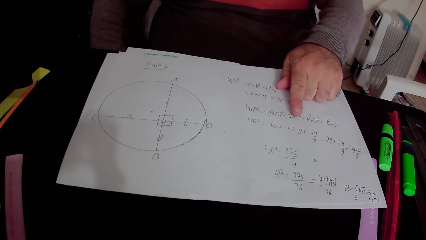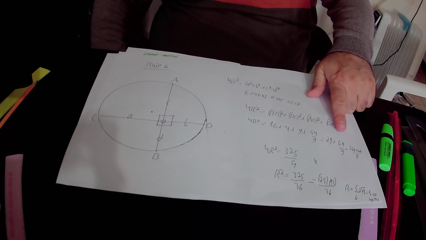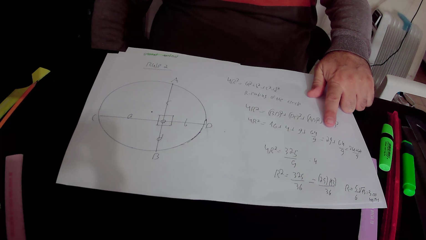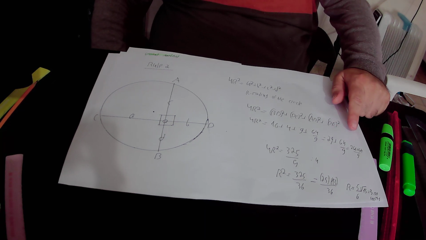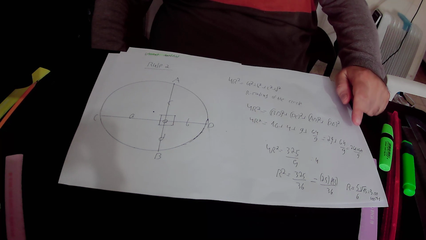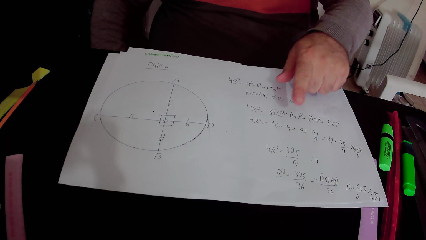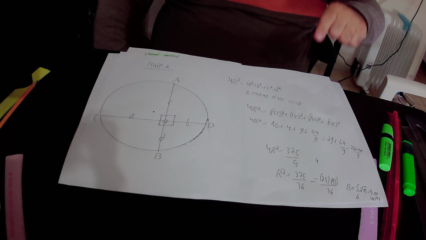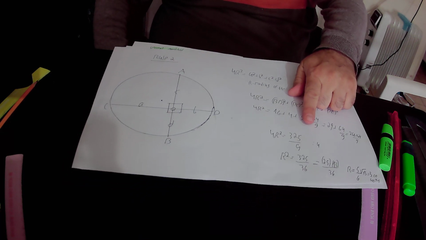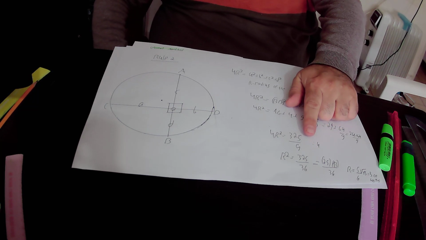16 plus 4 is 20, 20 plus 9 is 29, so here we will have 29 plus 64 over 9. Here we multiply 29 by 9 and then divide by 9 in order to get rid of the fraction in this expression. 29 times 9 is 261 plus 64 over 9. 261 plus 64 is 325 over 9 equals 4r squared. Here we divided this equation by 4 and found that r squared equals 325 over 36.